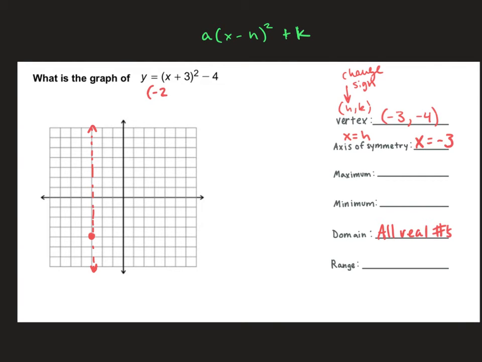So we have (-2 plus 3) squared minus 4. So with PEMDAS, what do we do first? The inside of the parentheses. So what's -2 plus 3? 1. So we have 1 squared minus 4.